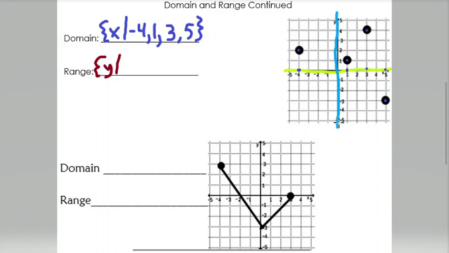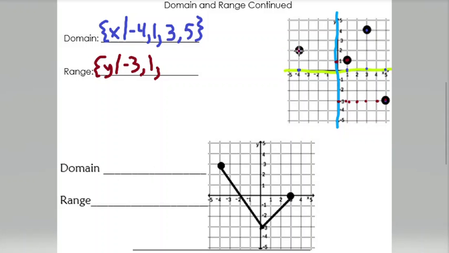So if I start down here, I go up until I see a point. I see a point right here. What is that y value? Well, if I go over, I see that it's at -3. So my first part of my range is -3. Then I'm going to keep going up my line, and then I see another point right here. And what is that at? Well, that's at my y value of 1. So my next part of my range is 1. I'm going to keep going up till I see another point.